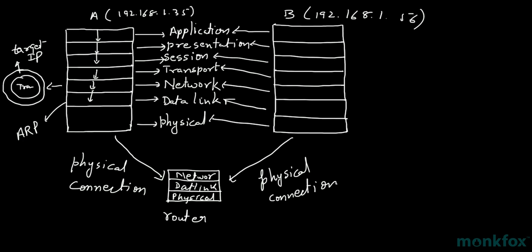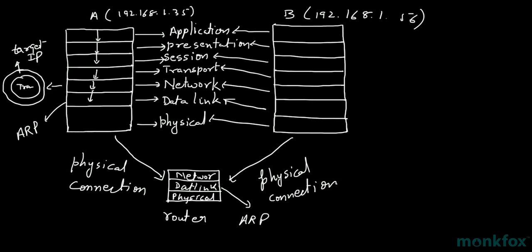The data link layer now again sends an ARP request, and the request says, whoever is physically connected to me and has a target IP address of 192.168.1.56, please respond. Since machine B is physically connected to the router, machine B responds to the router's ARP request, sending its MAC address along with the response.